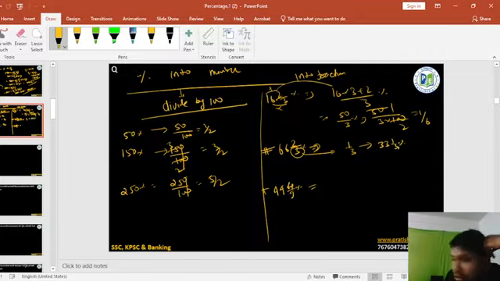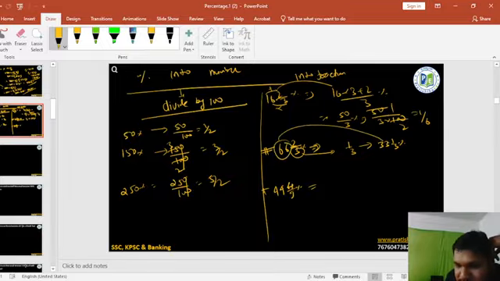Right? So now you have to look at this: 66 is how much times of 33? 2 times. Because if you multiply 33 by 2, you will get 66. Correct. So this 1 by 3 you just multiply by 2. Your answer is 2 by 3. Correct now? Yes. That's done.